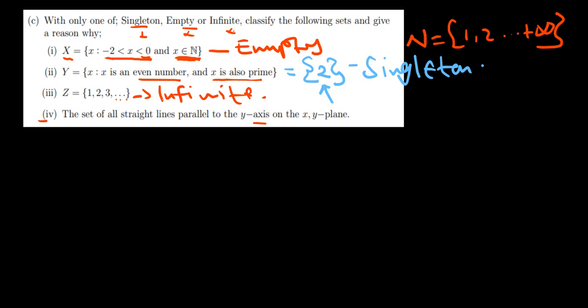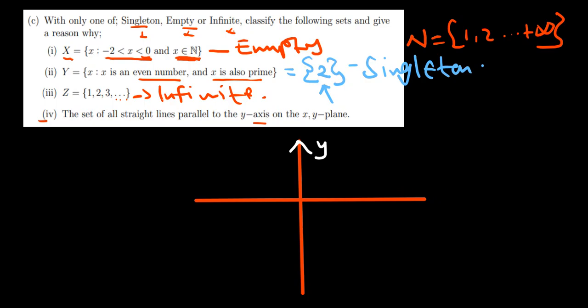This is my y, and then I also have my x like that. So this set is a set of all lines that are parallel to the y-axis.